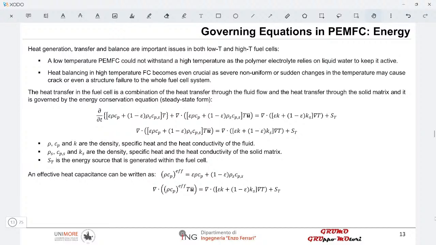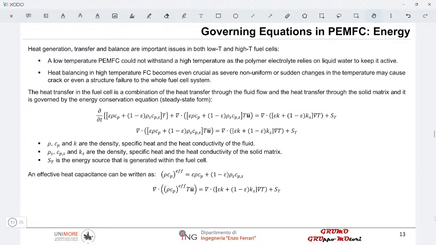Energy and the local temperature that derives from the distribution of energy among the parts is extremely important for low temperature fuel cells, because we said how much relevance the membrane hydration has. And the membrane hydration is tightly coupled with the temperature. The cell temperature must stay around 80 Celsius degrees. If it goes higher than that, then the membrane will become more and more dehydrated.